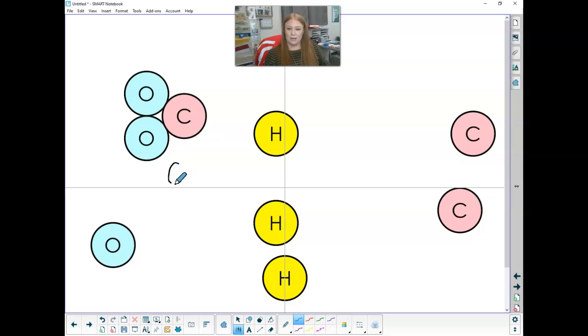So I have one carbon, two oxygen. So this is CO2. They're bonded together. It's a molecule. It's no longer just one thing. So it is one molecule, but it's made up of three atoms, two elements.